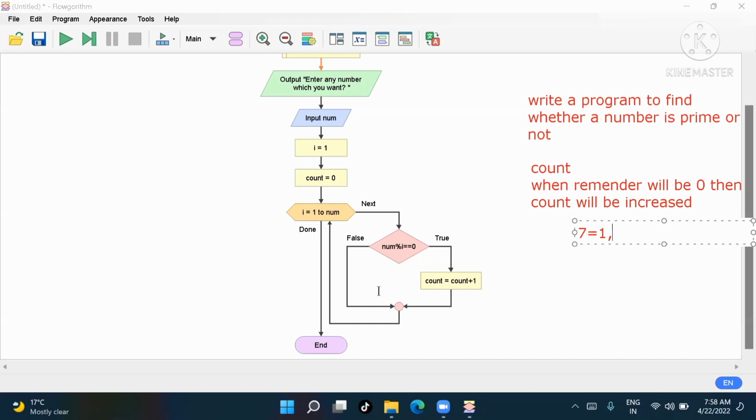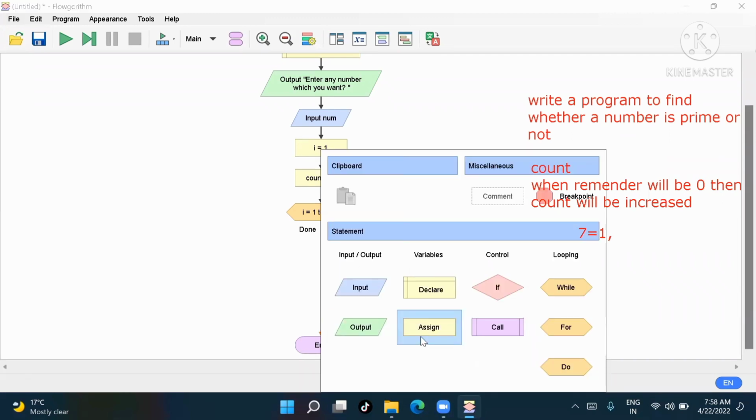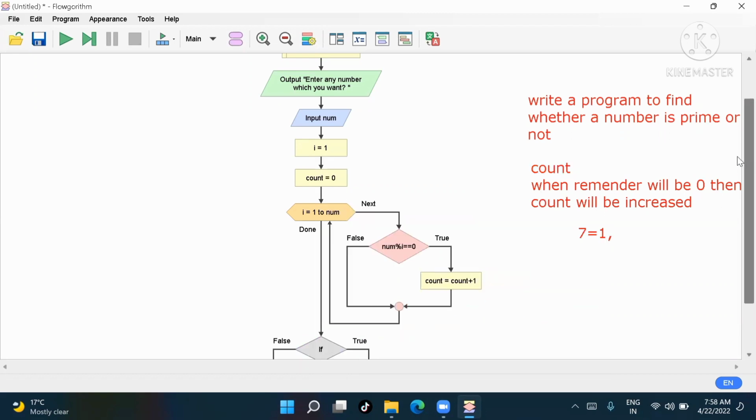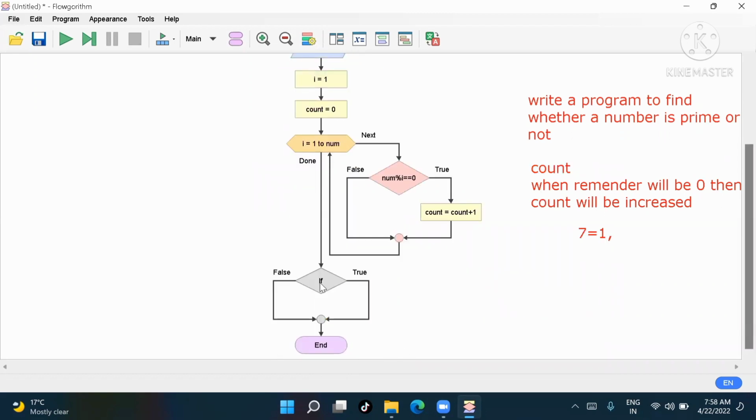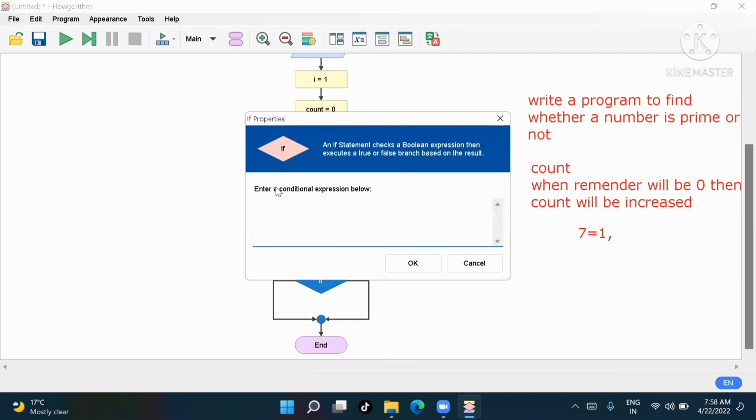If count is 2, then it is a prime number, otherwise it is not a prime number. Go on. If the count is 2, meaning factor 2, as I have told at that time, then count equal to 2 will be checked.